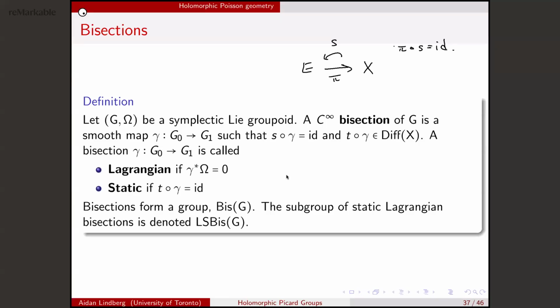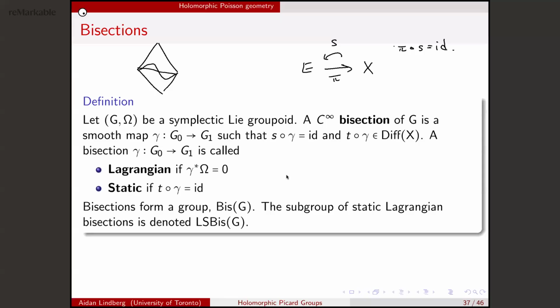Now, I'll call this Lagrangian if when I pull back the symplectic form, I get 0. And it's going to be static if it's actually a section for both source and target. Okay. So like in pictures, if this is the groupoid G, there's the identity living inside of it. You should think of a bisection as something which looks like the identity objects sitting inside of it.